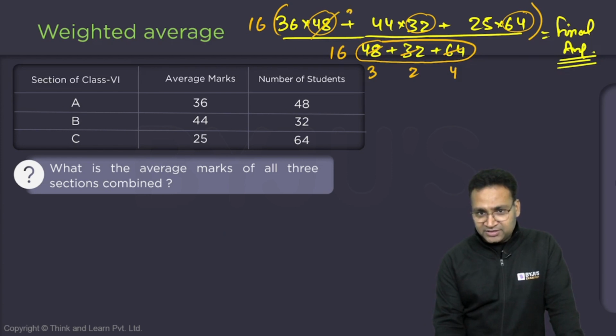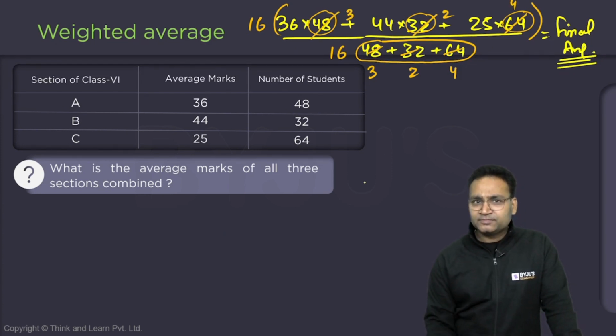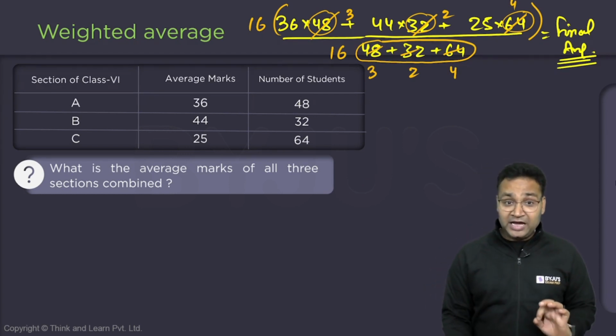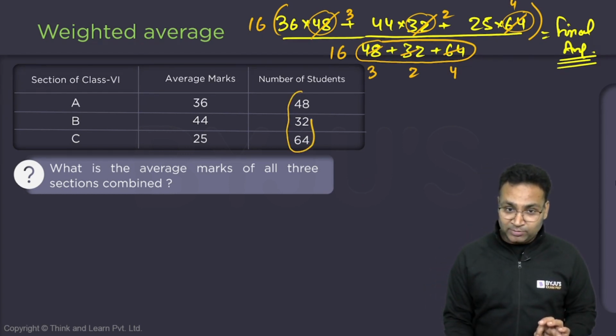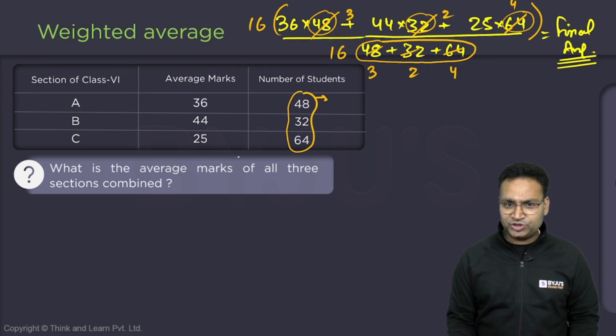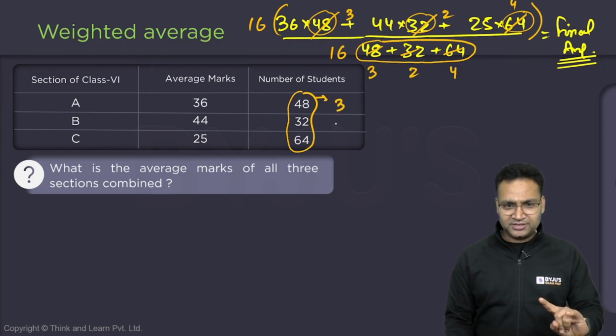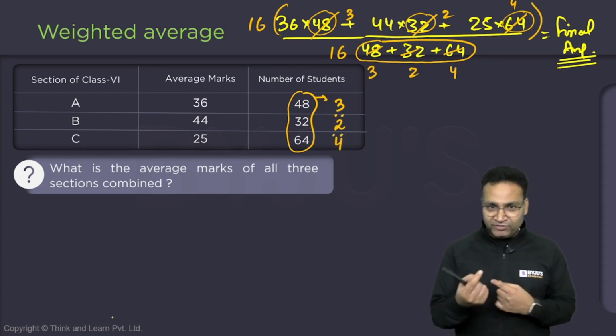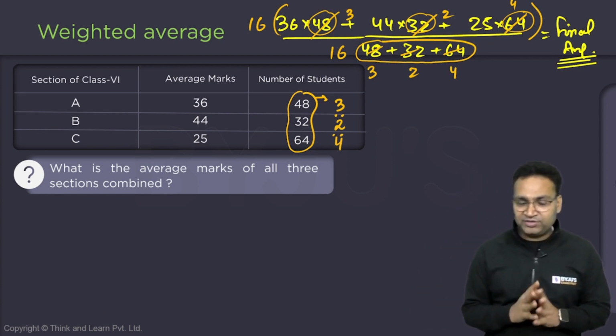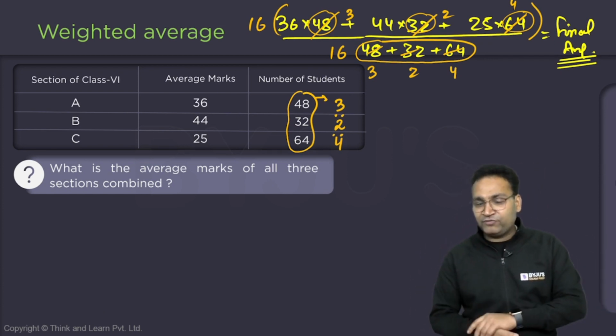So this is threes, this is twos, this is fours. What's the benefit? I convert this number of students into the simplest ratio. It will definitely reduce my calculation time and my effort.